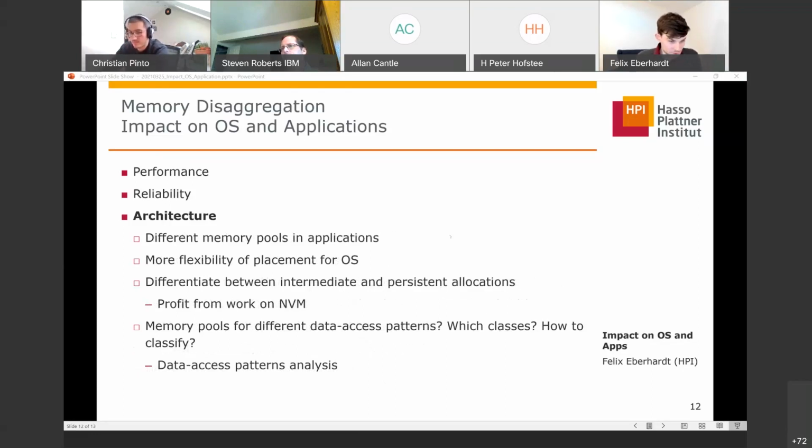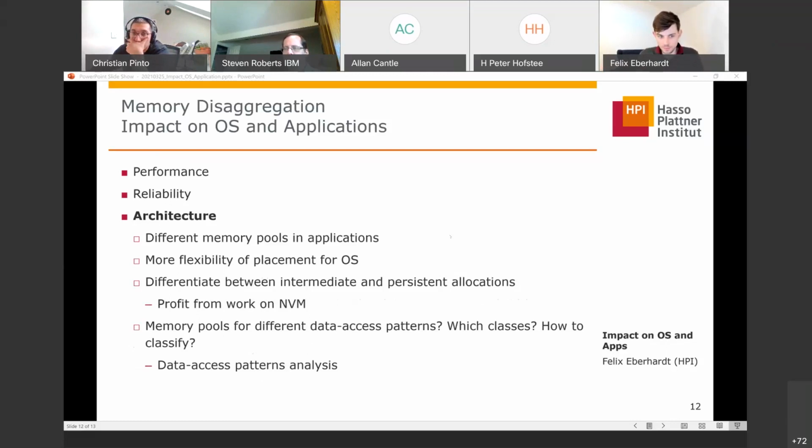there are approaches, for example, using memory pools in applications. They are used, for example, in the real-time world, right? There they use them for allocation purposes to say, okay, I have one memory region where I have a worst-case execution time or a static allocation time. But you can also use it, for example, for these heterogeneous memory regions, right?